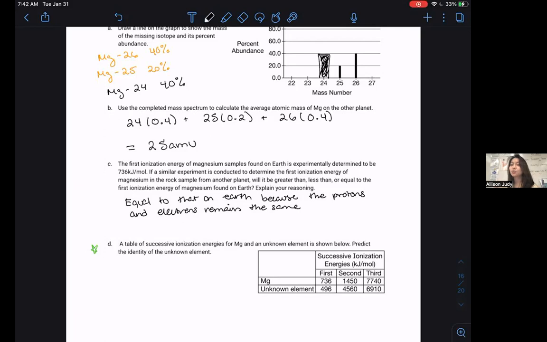So the energy required to remove an electron would also be the same. So equal to that on Earth, because the protons and electrons remain the same, therefore resulting in the same Coulombic attractions and ionization energy required.